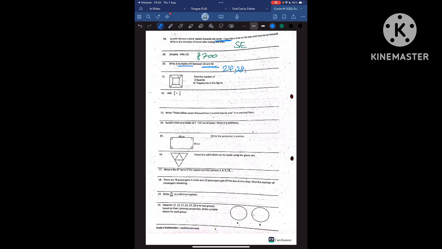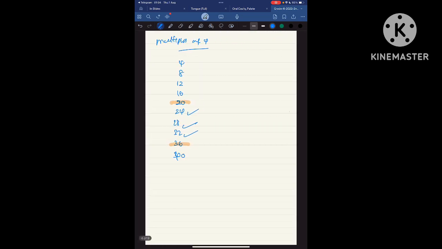Then find the number of squares and trapeziums in this figure. What is a square now? See, a square means all four sides should be equal, okay?